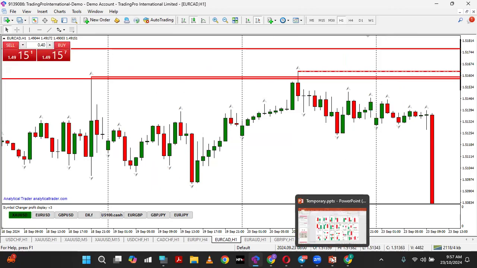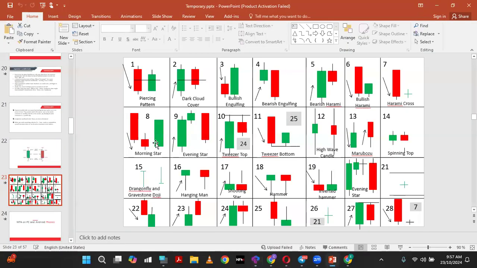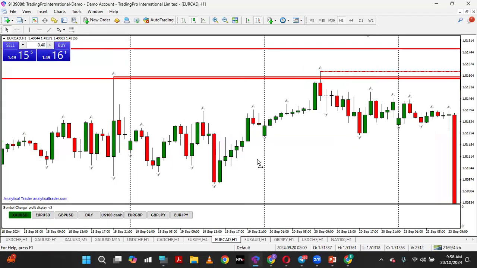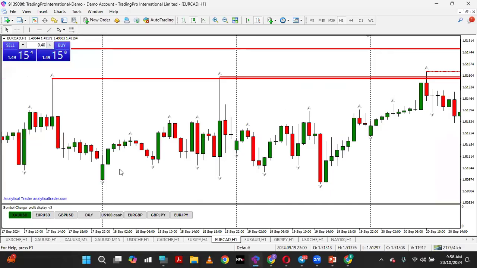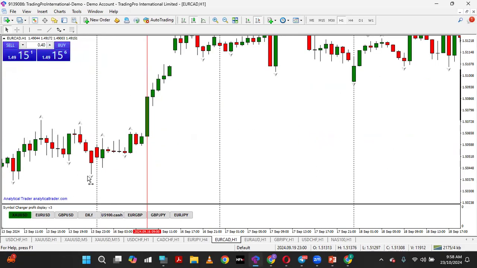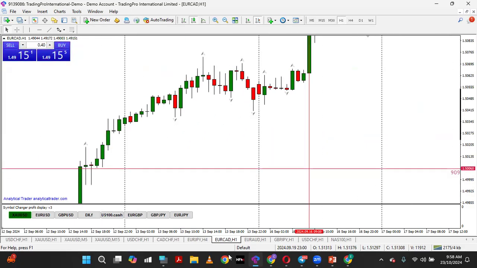If you notice, these are 3 candle patterns. It's not 2. These other ones are 2 candle patterns. This is a 3 candle pattern. So let's look for the morning star and evening star. Let's see, we'll find it. Let me go to another instrument.